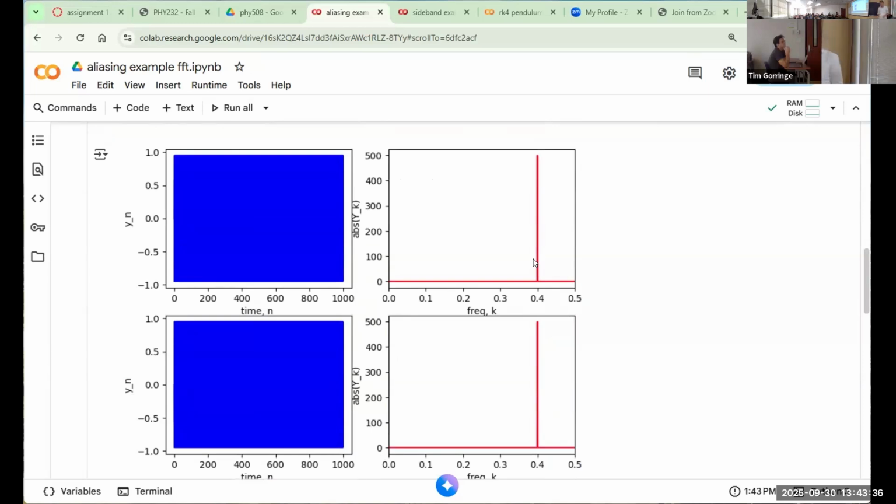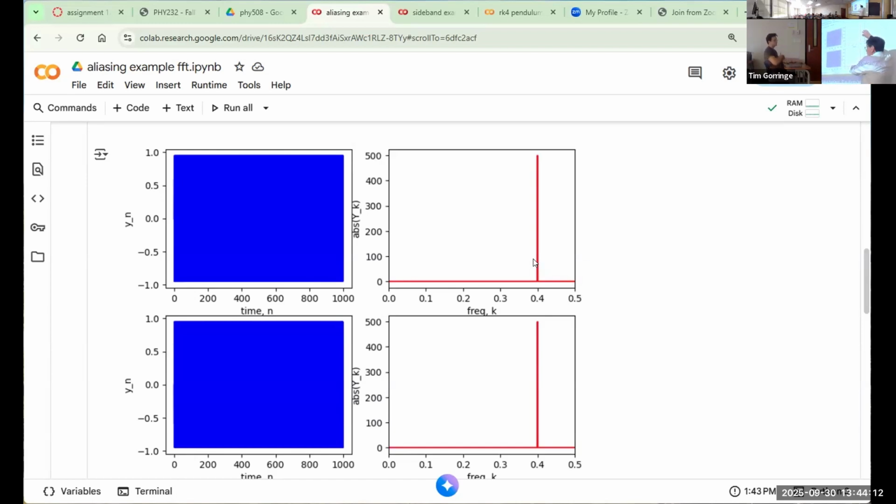Here's the plot. Same plots as before, but on the left-hand side is the time domain. These are really high frequencies, 0.4, 0.6 of a hertz. And so this just looks like a blue square, but it's very rapidly oscillating high frequency. One above, one below the Nyquist limit. I Fourier analyze both data, the high and the low frequency.